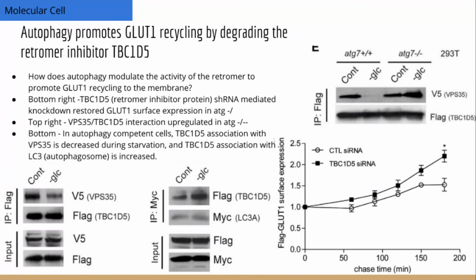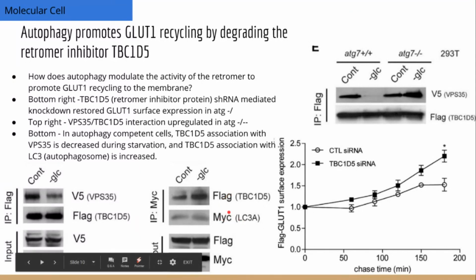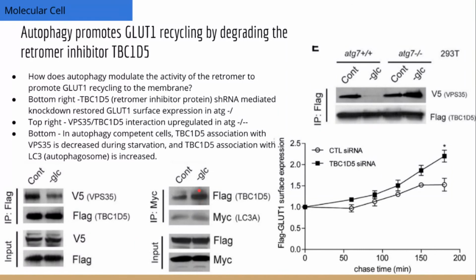They're using a fusion tag to pull down LC3, and they're using a fusion tag to stain for TBC1D5. But just remember that MYC is fused to LC3, and FLAG is fused to TBC1D5. But what this darker band right here means, under the glucose deprivation condition, is that there's increased interaction and pull down between LC3A and TBC1D5.